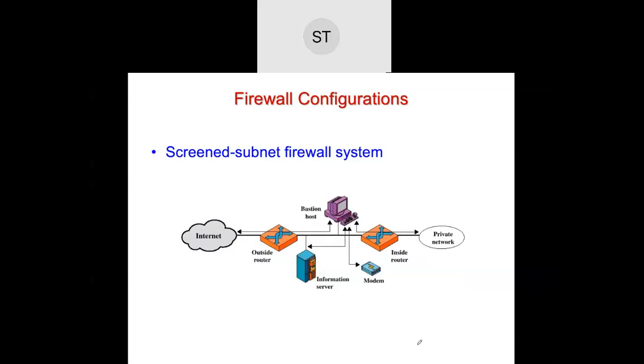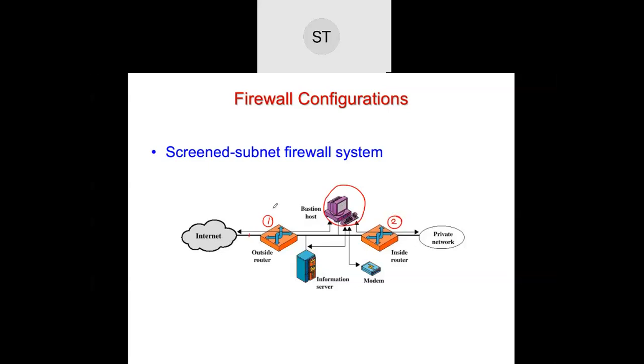Now the third configuration, which is the widely used configuration. What you can see is that two packet filter routers are here. One is outside, one is inside, and again one authentication mechanism by the Bastion host.